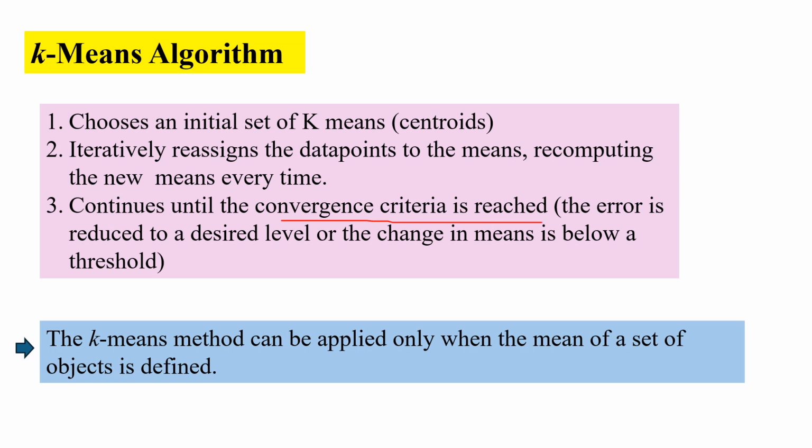That is, the error is reduced to a desired level, or the change in the means is below a threshold, or there is no change. We must note that the K-means method can be applied only when the mean of a set of objects is defined, so we are talking about objects where a mean can be computed.